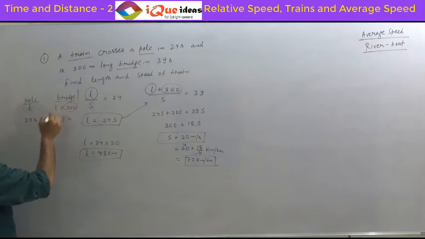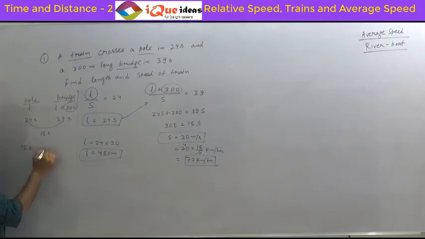For this extra 300 meters, it is taking extra 15 seconds. Right? So in 15 seconds, the train is traveling 300 meters. So that means in 1 second, it will travel 300 by 15, which is 20 meters. So that is the speed, 20 meters per second. So this can be done directly also, without writing the formulas. Now once I get speed as 20 meters per second, its own length in 24 seconds, so length of the train can be calculated as 20 into 24, which is 480 meters. So this is the other way of doing this.